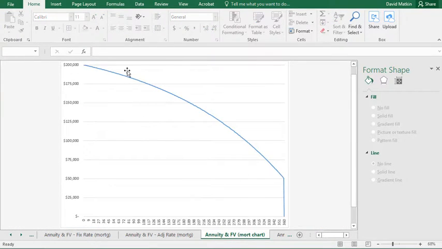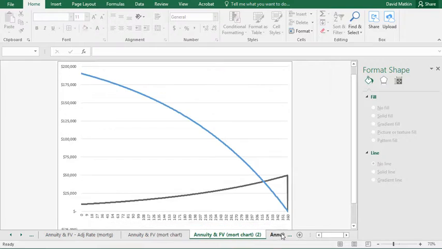So we looked at it with this chart, but we could also look at it this way, where here's what the annuity is paying off, the $190,000 present value all the way down to zero. And here is what the lump sum is paying off, a growth that doesn't get reduced each time period, a growth that grows all the way to $50,000 in the 360th time period, and then gets paid off.